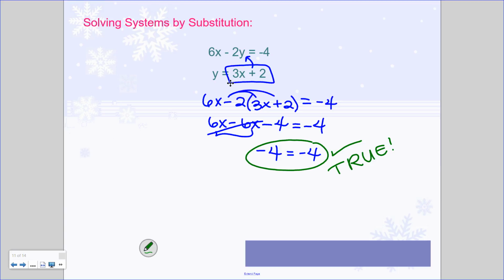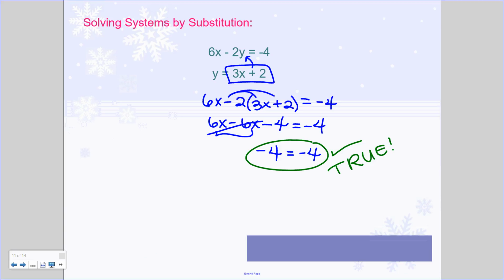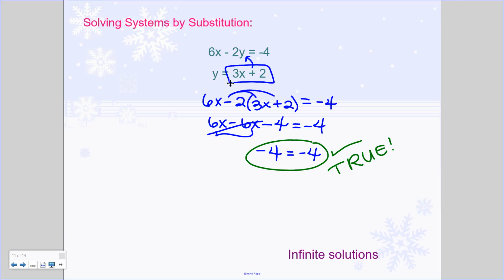If the statement you get when variables disappear is true, this is an example of a system that has infinite solutions, meaning that these are actually the same line. If you were to convert this top equation to y equals mx plus b, it would convert to y equals 3x plus 2, just like the bottom equation. So you actually have the exact same line.